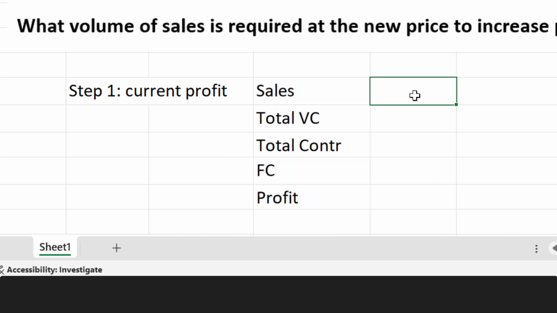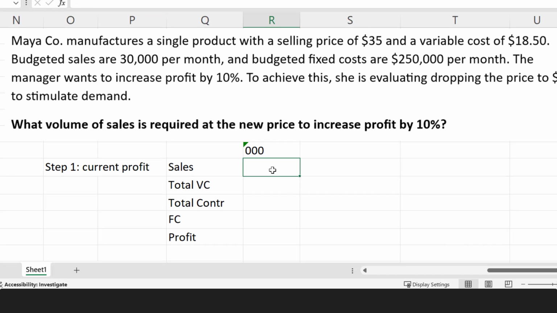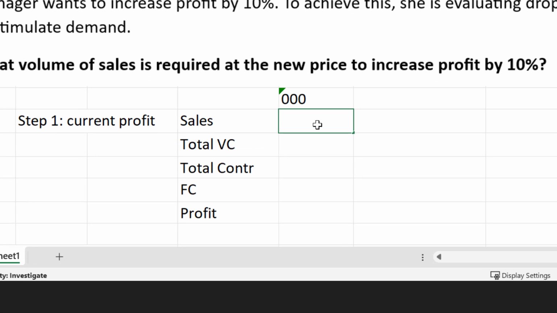So the current situation, we sell 30,000 units. Let's do this in thousands of units just to reduce the amount of typing that I need to do. So in 1 month, we're going to sell 30,000 units at a selling price of $35. So that's $1,050,000 in sales.